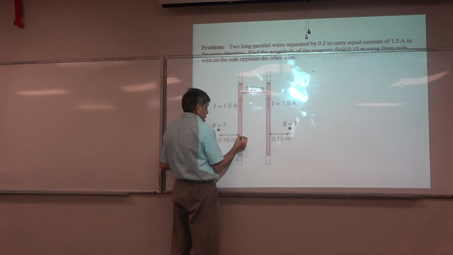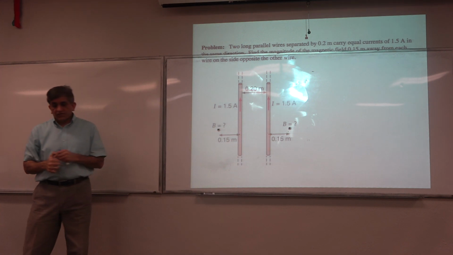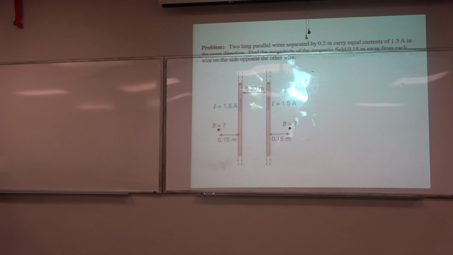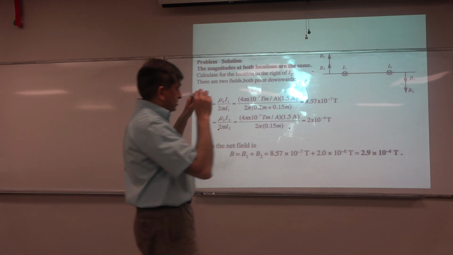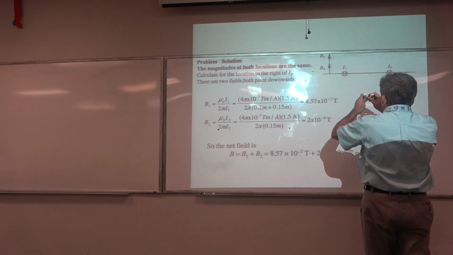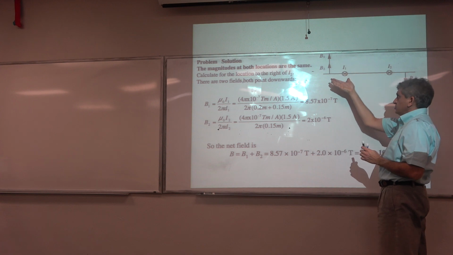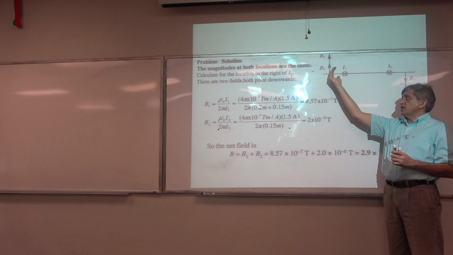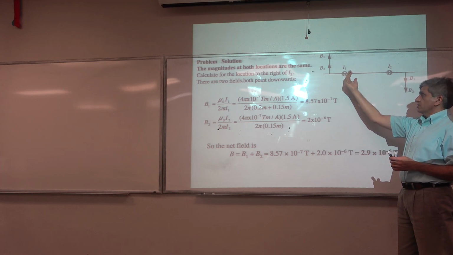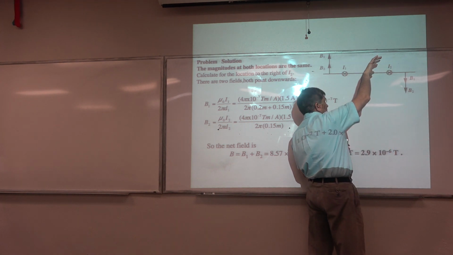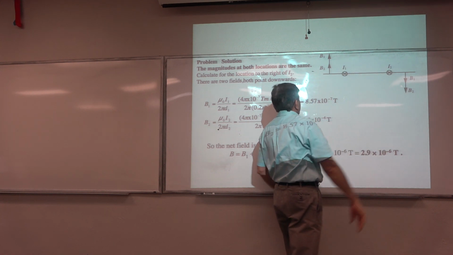Now if I look at the side view of the wires, it looks like this, because the current is in the same direction, away from me. The magnetic field due to B1 is up, and due to B2 is also up. Now if I look at here, the magnetic field B1 is down, and B2 is also down, right?